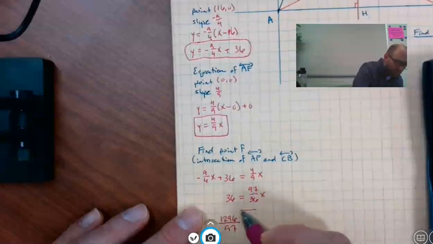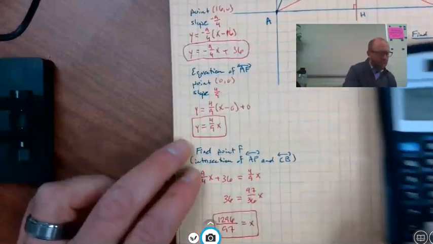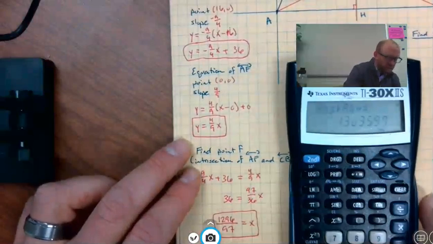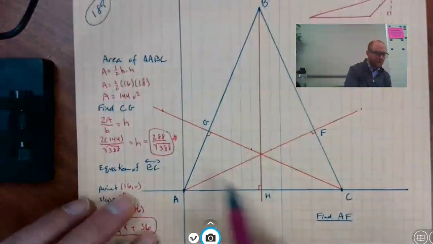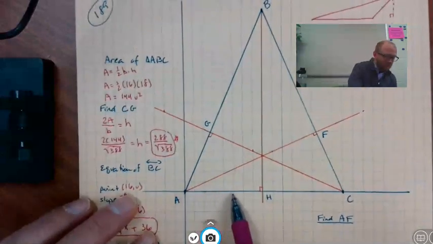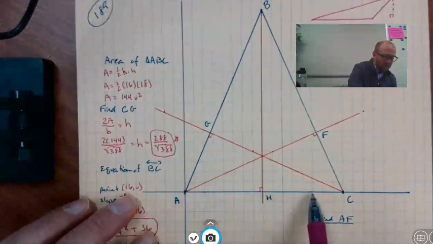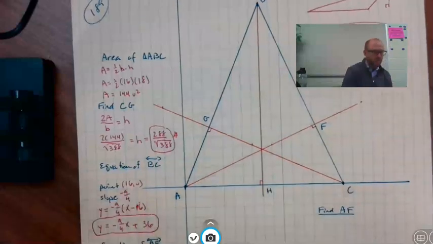Equals x. That is a horrible number. Let's take a look at what that is again. It says 13 and change. So let's see if that pans out here: 1, 2, 3, 4, 5, 6, 7, 8, 9, 10, 11, 12, 13, and a little bit more is the x-coordinate for that point. So it looks about right.